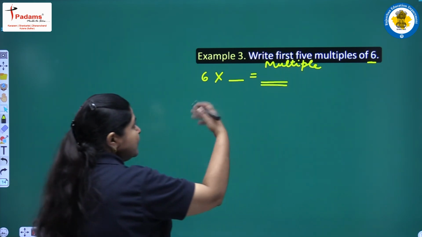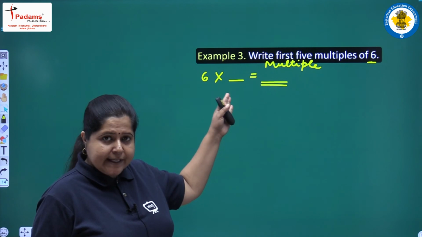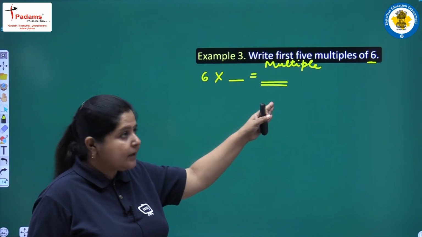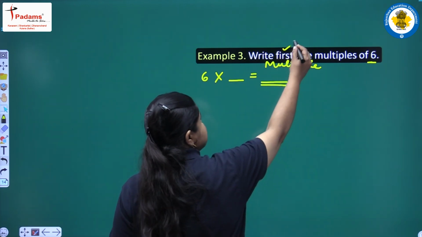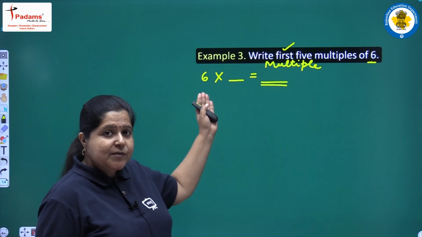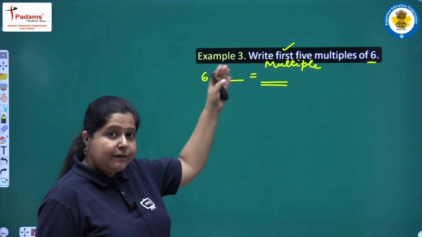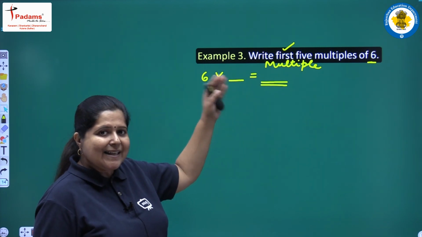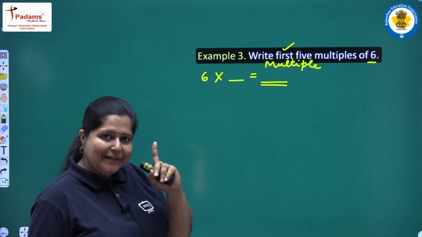Okay. So, with what number should we multiply 6 to get the first multiple? We have to write the first 5 multiples. So, I should multiply this 6 by what number to get the first multiple? That is, it should be multiplied by 1.